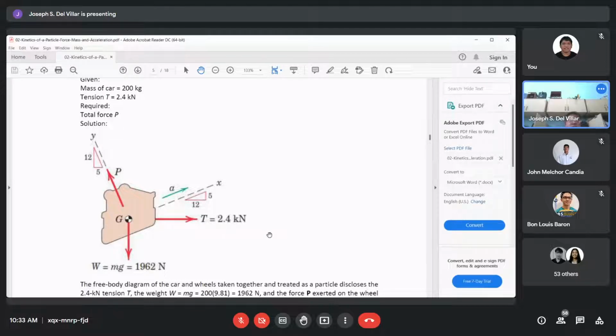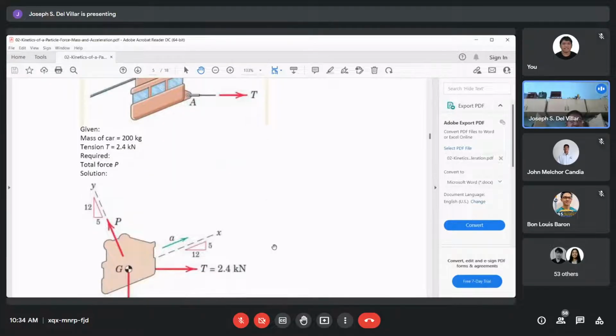So that is, yes, this came from the 200 kilogram mass of the car, no? Times gravity, so 200 times 9.81 will give us 1,962 newtons. Tension, 2.4, purely horizontal.